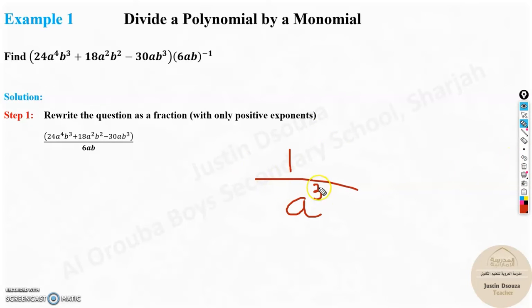Or imagine I had positive 3. This is equal to a to the power 3 when it comes up. So just remember, the negative sign will go away if it is going from the denominator to the numerator or from the numerator to the denominator. Now that's what happened over here. This is gone. It becomes plus 1. So we don't write the power 1. It's 6ab.